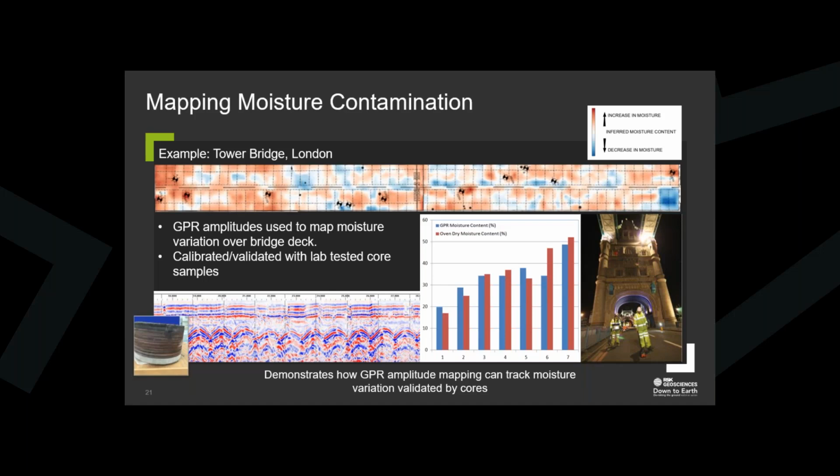And then we have a chart there showing some moisture content as measured from GPR versus the actual oven dried moisture content taken from the cores, showing quite a good correlation.